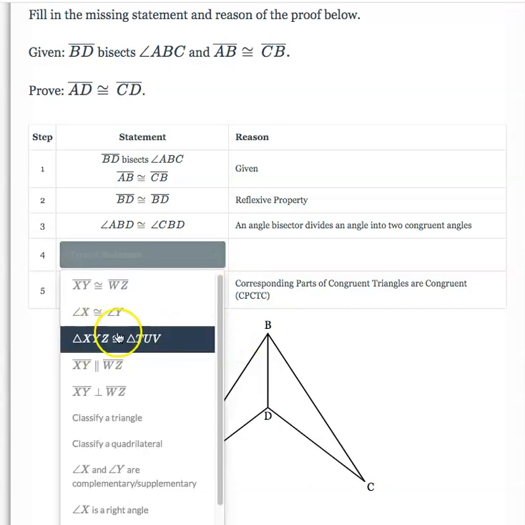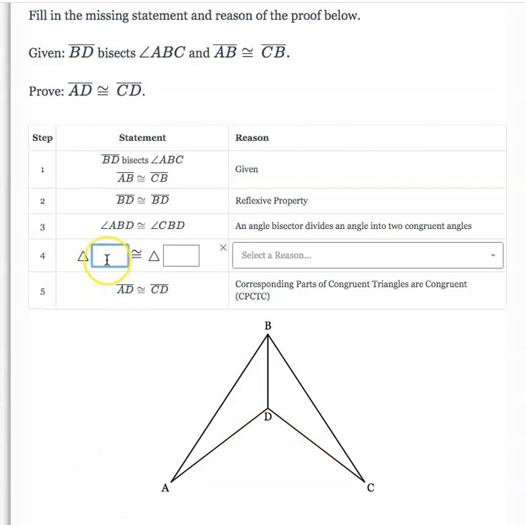Let's look at this generic. I know there are no X, Y, and Z or T, U, and V in this diagram, but we know that we need to show two triangles are congruent. Let's select that one. And then we will look at the triangle that's over here on the left first and just go A, B, D. A, B, D. Now, that's going to be congruent to, well, it's pretty easy to see that A and C must correspond.